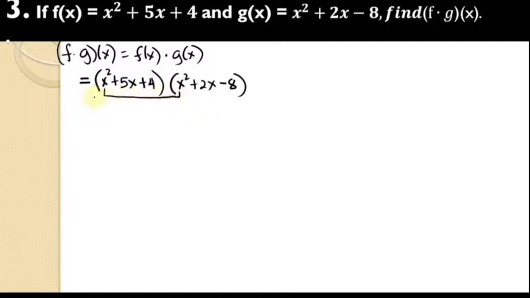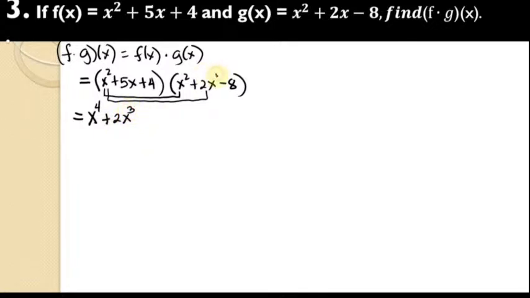expression. So we have x squared times x squared, so we have x raised to 4. I-add natin yung exponent. Next, dito pa rin tayo, x squared times 2x. So we have x squared times 2x magiging positive 2x cube.